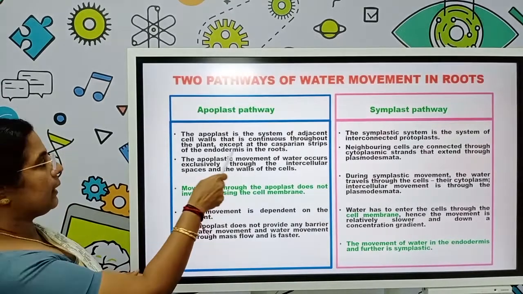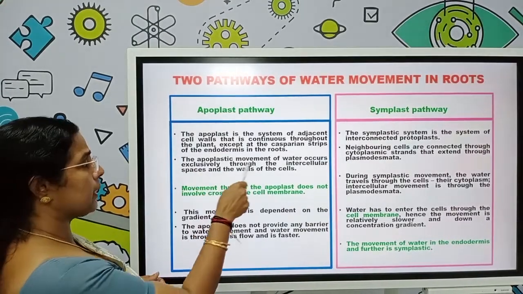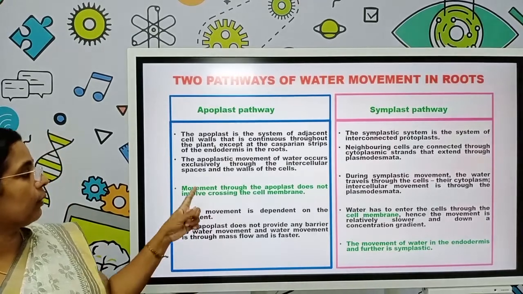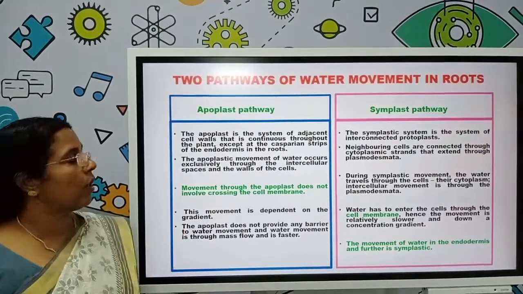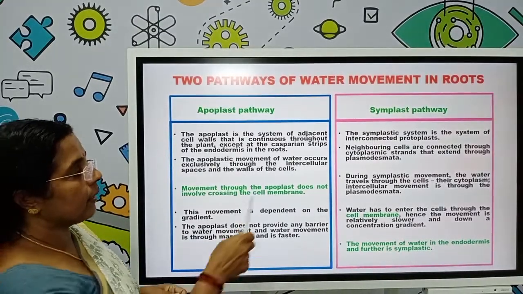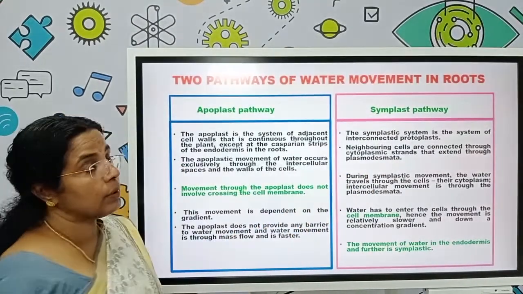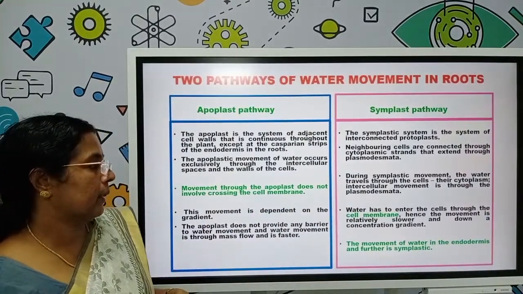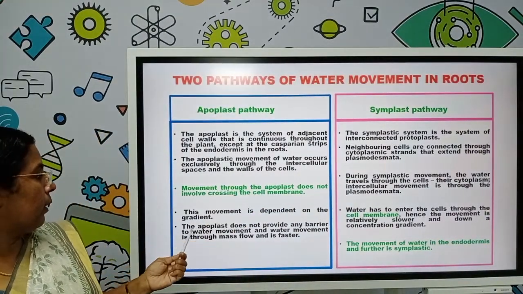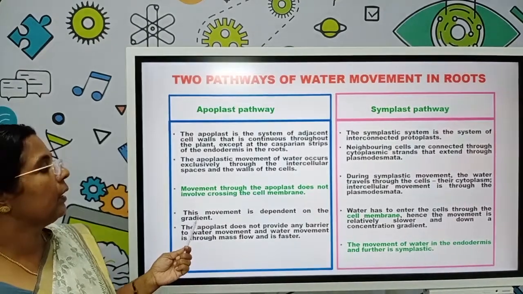Apoplastic movement of water occurs exclusively through the intercellular spaces and the walls of the cell. Here the neighboring cells are connected through cytoplasmic strands that extend through plasmodesmata. This movement is dependent on the concentration gradient.